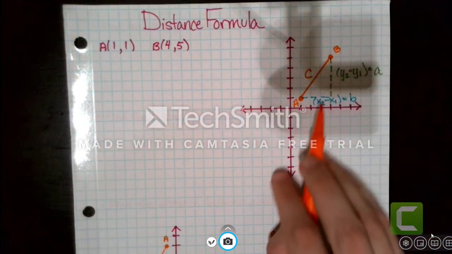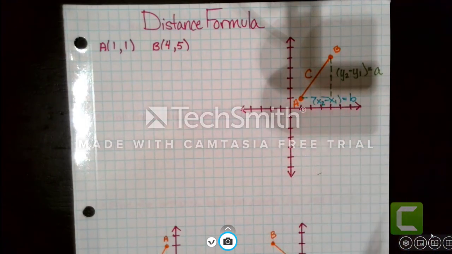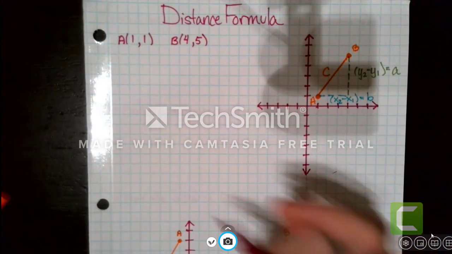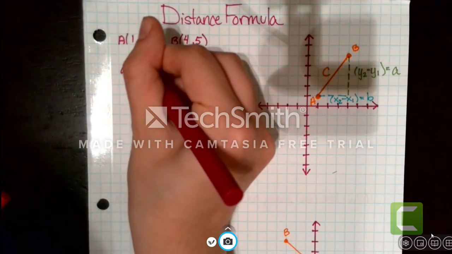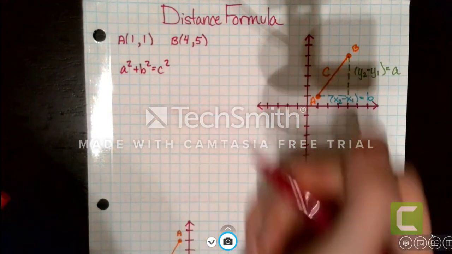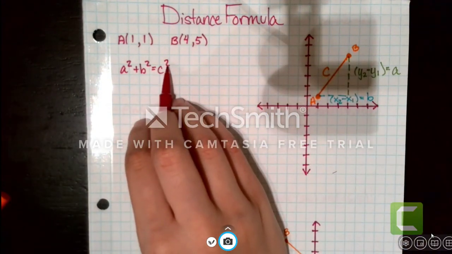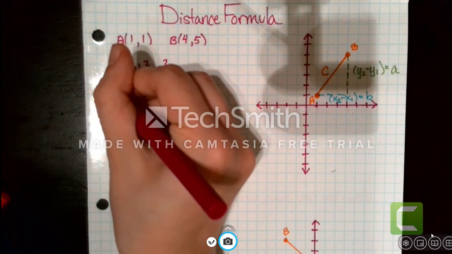So let's rewrite it first as the Pythagorean theorem and substitute in what we need to find the missing length. Your Pythagorean theorem is written as a squared plus b squared is equal to c squared. To find c by itself, we need to undo this exponent. To undo your exponent, we have to square root both sides.